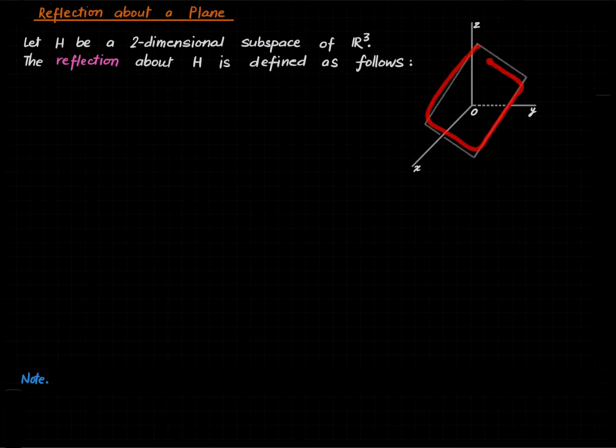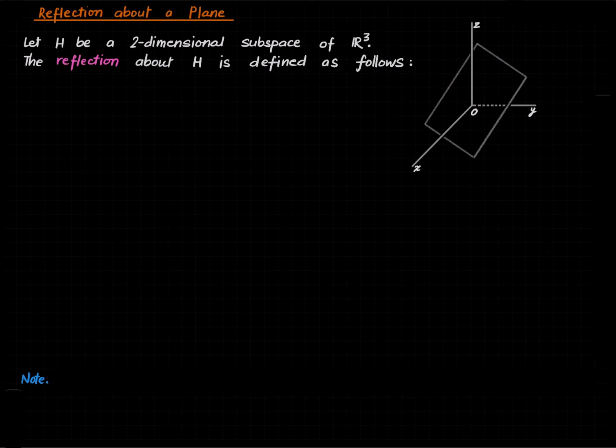This is the hyperplane H, or the two-dimensional subspace H. What we are going to do is define a linear map which fixes everything in the hyperplane. But if you take anything perpendicular to the hyperplane, it will flip it, meaning it will throw it on the other side. So that's the rough geometric meaning, and the proper definitions are these.